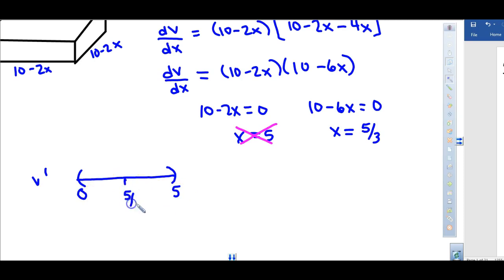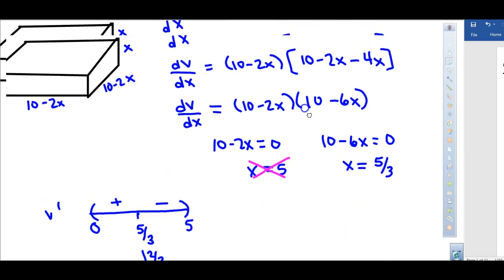And I'm going to test out 5/3, which is the same thing as 1 2/3. Okay? So if you use a test point on the left side, then you get a positive. And if you use a test point on the right side, you get a negative. So that means that this is definitely a maximum because this changes from increasing to decreasing. So now that I know that 5/3 is my maximum, all right, then I'm going to go back and read the problem.